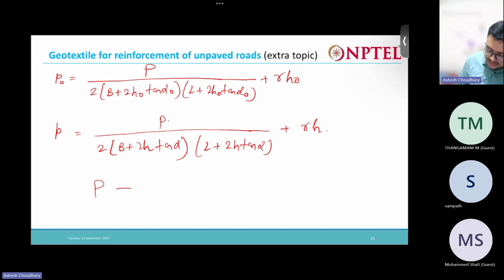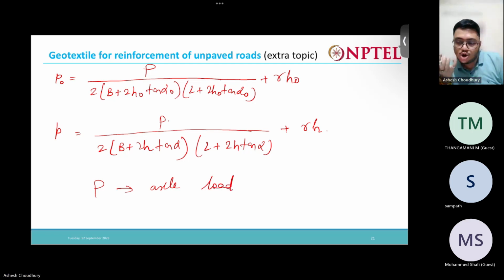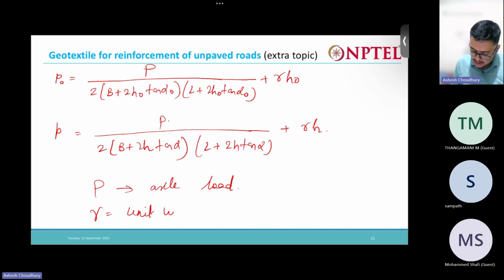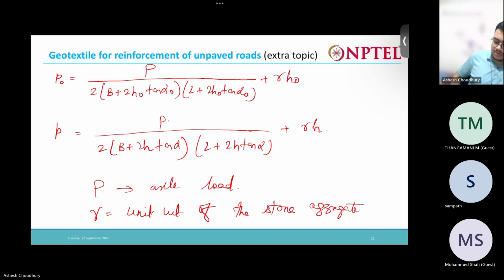This capital P is the axle load from the vehicle. And what is gamma? Gamma is the unit weight of the stone aggregate.